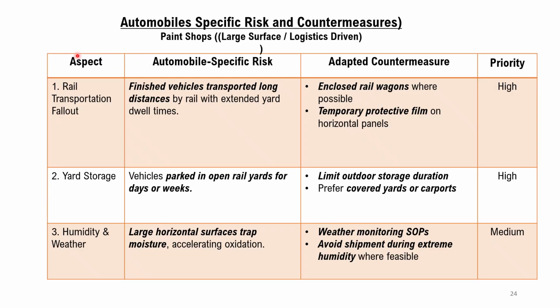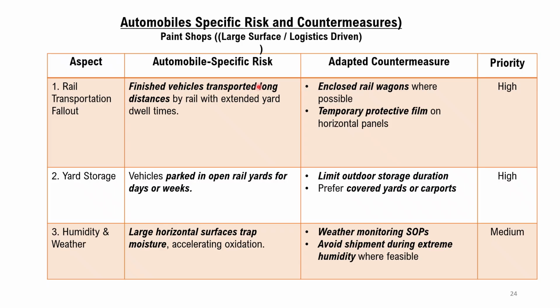Now, coming to the automobile-specific risk and countermeasures in case of rail dust. Transportation fallout. Rail transportation fallout. The risk is finished vehicles transported long distance by rail with extended yard dwell times.